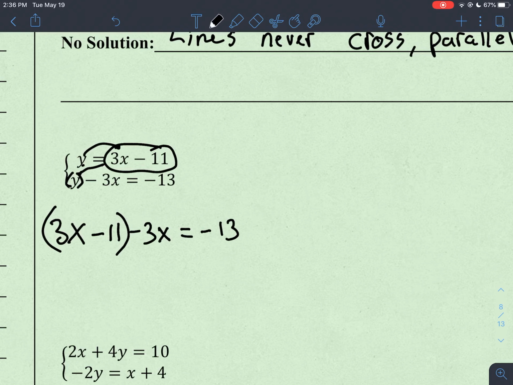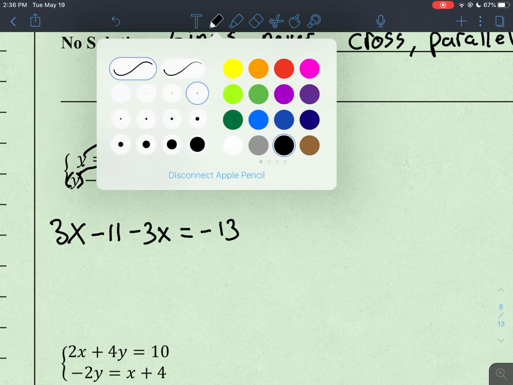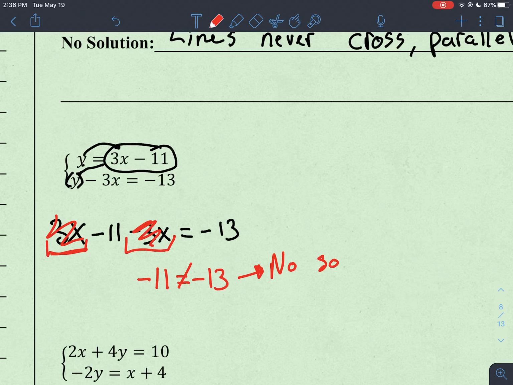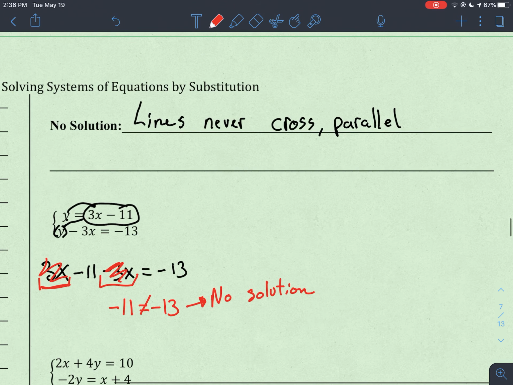What we do see is that we've got a negative 3x and a positive 3x that are going to cancel each other out, leaving us with negative 11 equals negative 13, which is not true. That will never be true. This makes no sense, so this must have no solution. If it's no solution, remember those lines are parallel. They have different y-intercepts, so they will never, ever cross.